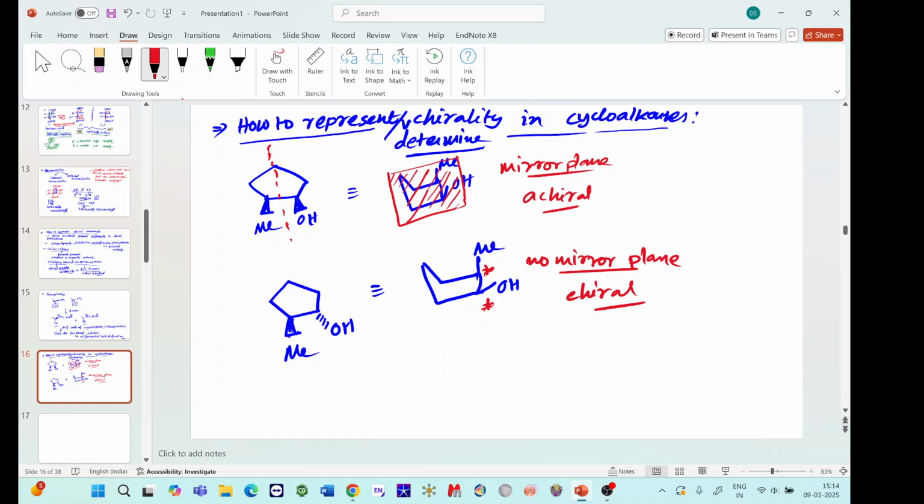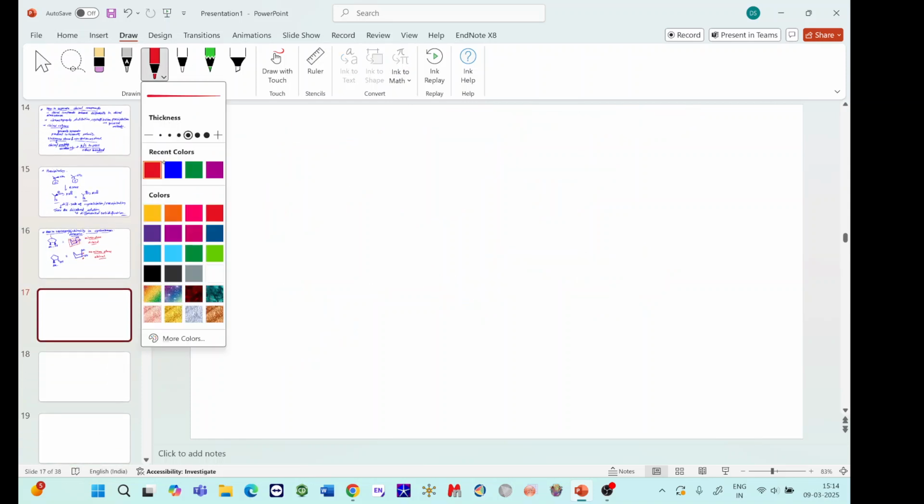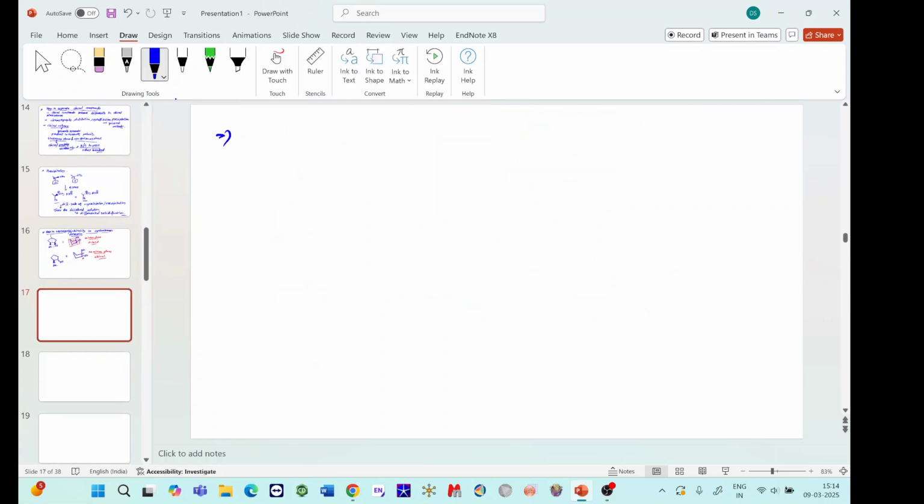Now similarly, you can have another comparison. Let's say you have this molecule, which is cis, and another one is trans.